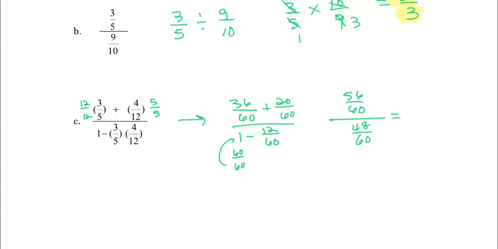When the denominators are the same, you can just use the numerators as your fraction and then say to yourself, okay, this can be reduced. So 8 goes into 56 7 times, 8 goes into 48 6 times, and you get 7/6, and we are done.